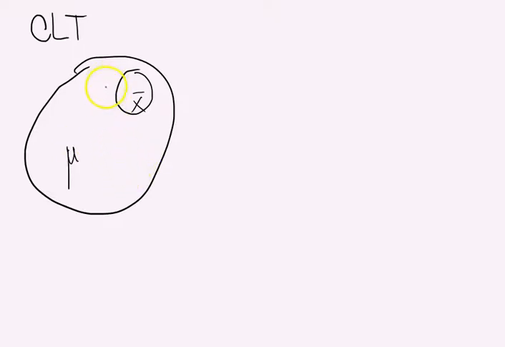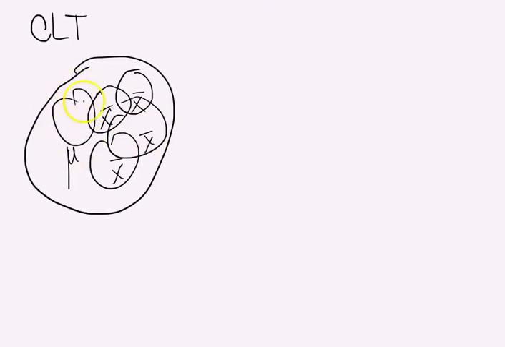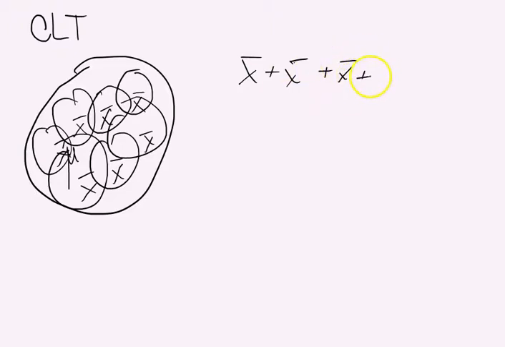In fact, if you take a whole bunch of samples, and these samples can overlap, they can have a lot of the same elements in them, we take a whole bunch of these, and if we add up all of these average values that we get, and then we divide them by the number of times that we sample these things, we should get the same average of our population, and that should make sense.